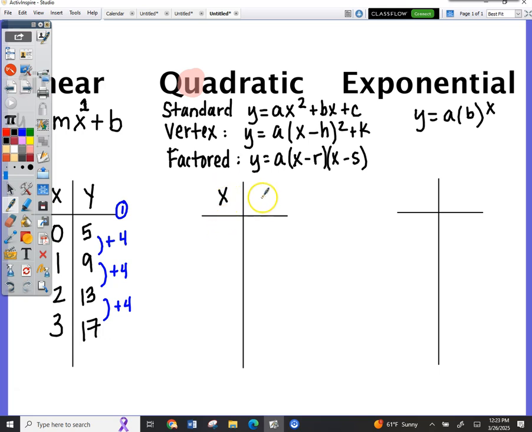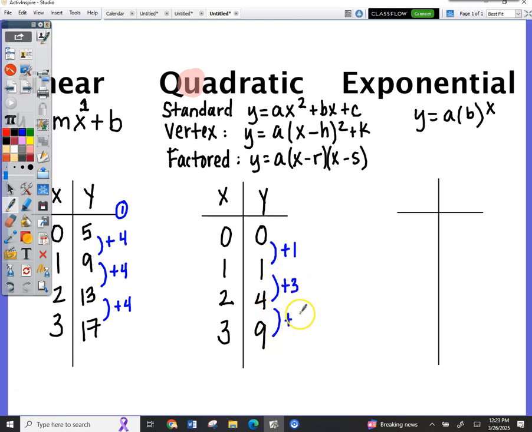Let's look at this. What if it's a table? Okay, let's work on our differences. How do I go from 0 to 1? 1 to 4. 4 to 9. 5. Is this linear? Negative.